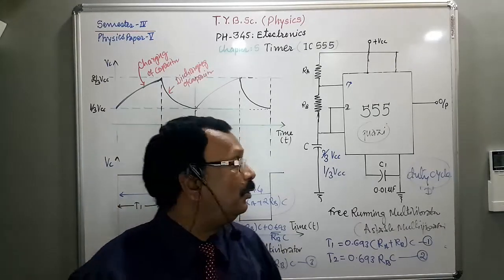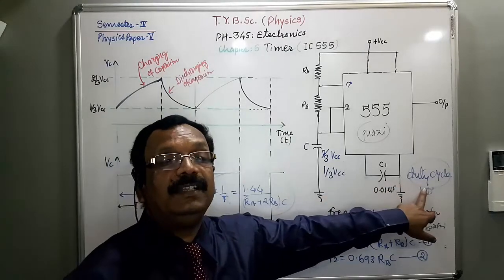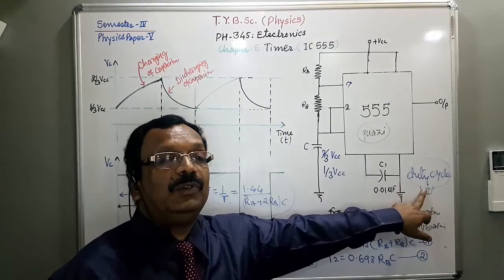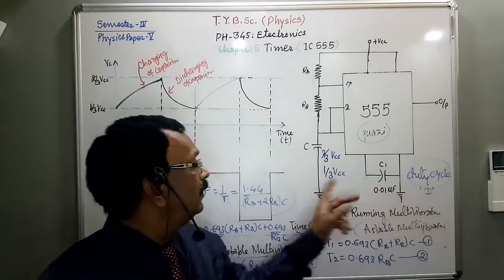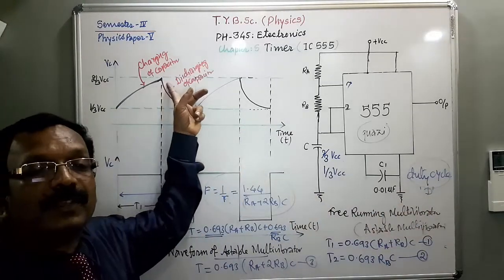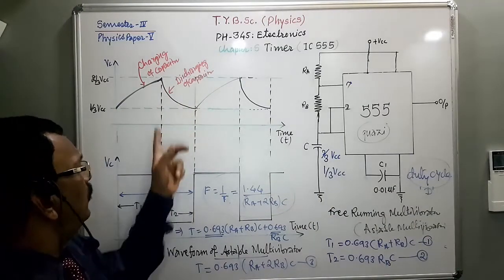What is duty cycle? Duty cycle is defined as the ratio of the period for which the pulse remains on, T1, to the total period of the square wave.